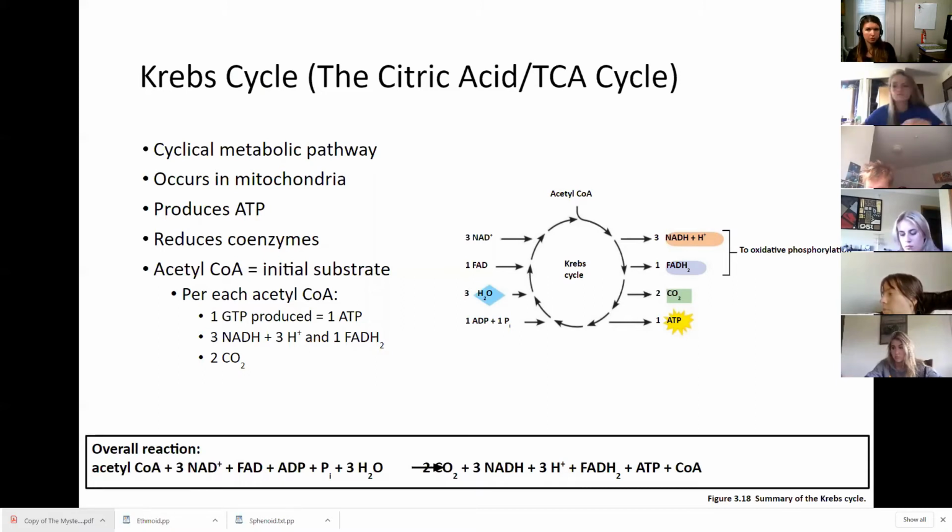So if you paid careful attention to that equation about the linking step, we didn't produce any ATP there. We're just linking together glycolysis and the Krebs cycle. We're giving off some waste products, but we didn't actually make any of this main molecule that we're trying to track. In the Krebs cycle, we do though.